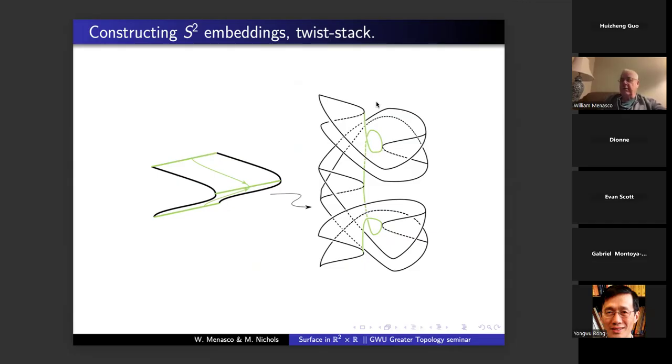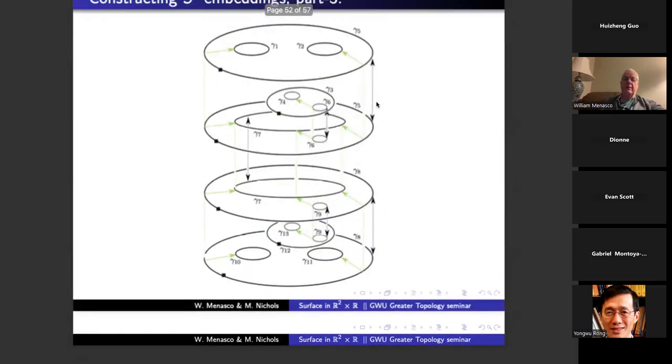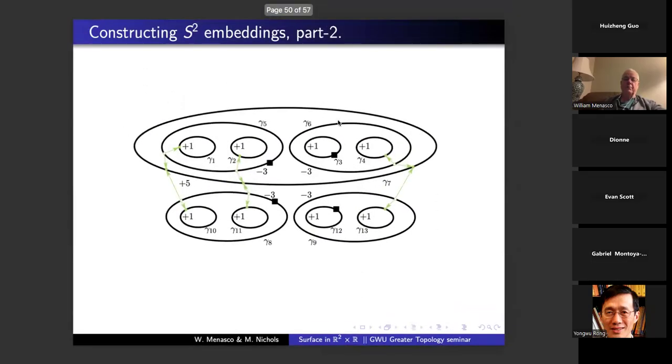And so you end up getting the embedding of a two sphere whose crease set corresponds to this. So for S2s, I can always build it. If I've got a configuration of curves that I can make a Gauss-Bonnet weight assignment to that is consistent with the Euler characteristic of the subsurfaces, then I can actually put it in three space such that the turning numbers of the crease set realize that turning assignment.